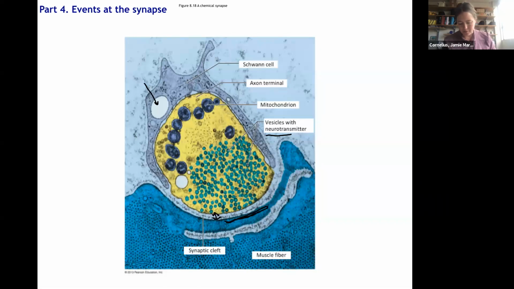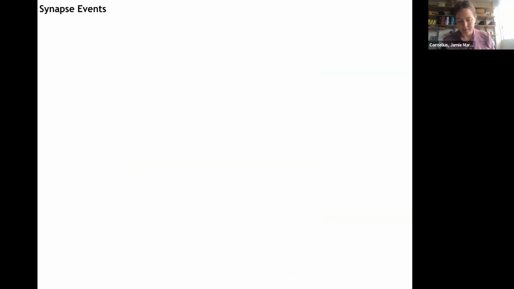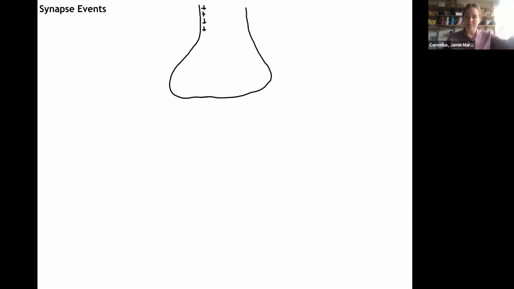But what I want to do now is just go over in a drawing the events that lead up to exocytosis of a neurotransmitter. And so here we have our presynaptic neuron, and we have voltage-gated sodium channels that are driving an action potential to move down the axon. So that's traveling down the membrane, an action potential.